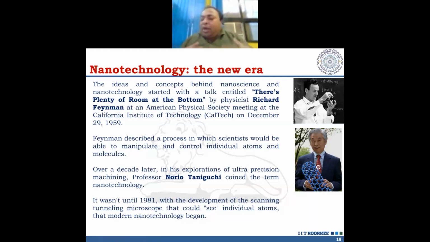So, people are talking about the concept. Richard Feynman long ago described the possibility to manipulate and control individual atoms and go into different properties of the atom.